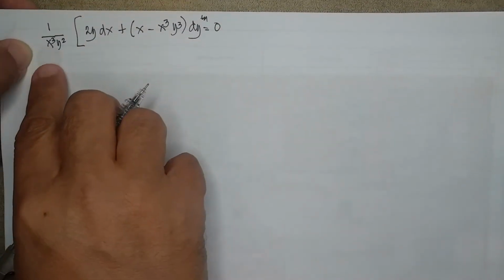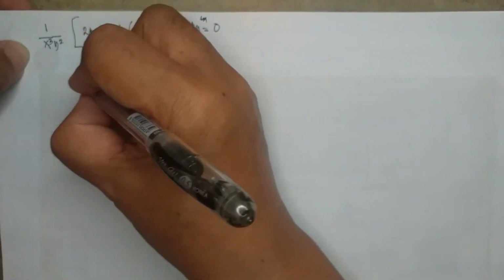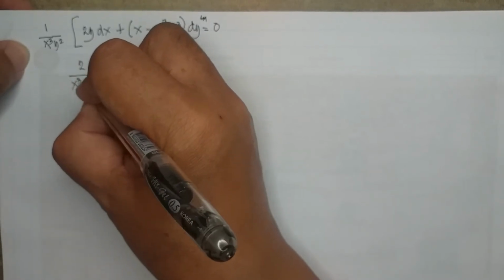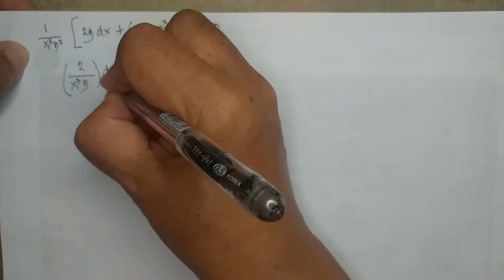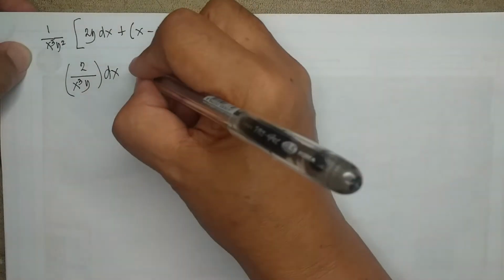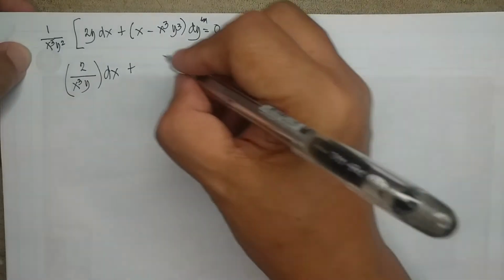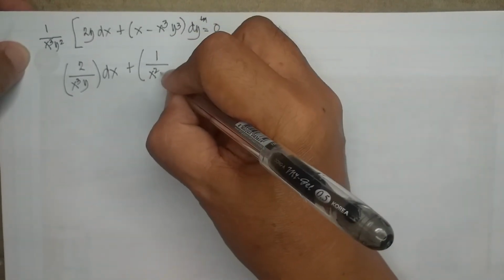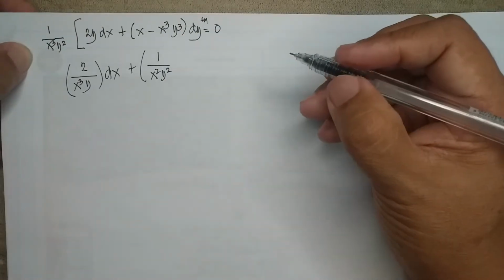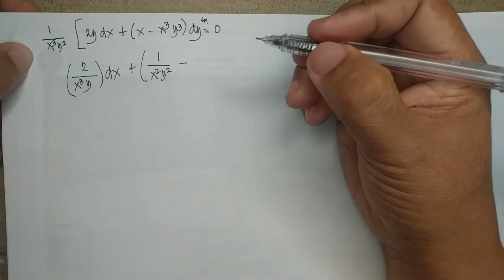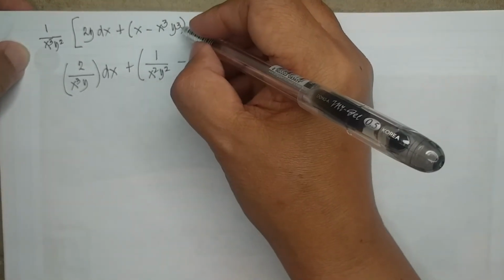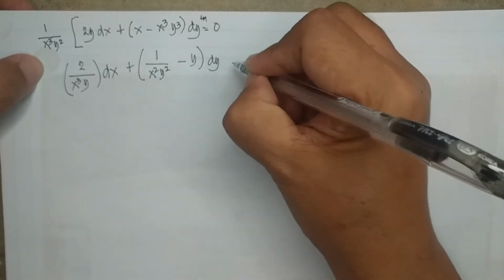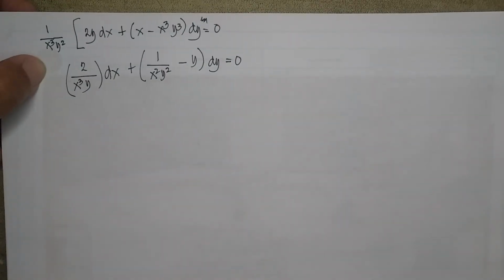Right? Multiplying this in here, we have 2 over x cubed y dx plus 1 over x squared y squared minus x cubed y cubed over x cubed y squared, which is y, dy is equal to 0.